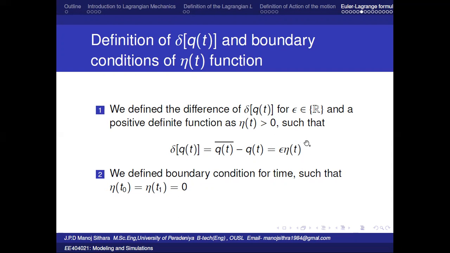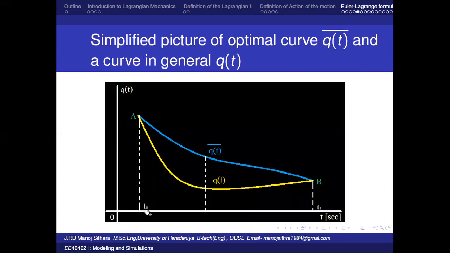Very comprehensive study can be achieved if we use this function. Now we define the boundary condition also. So boundary conditions of the eta function can be assumed for t equal to t0 and t equal to t1. That is, the boundary condition is assumed at this time segment and this time segment.